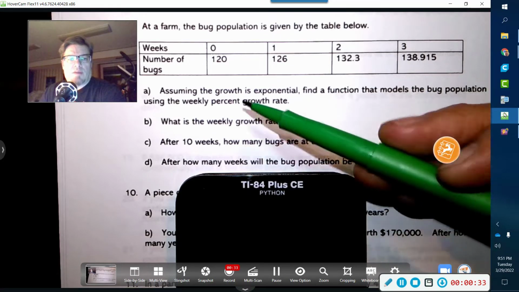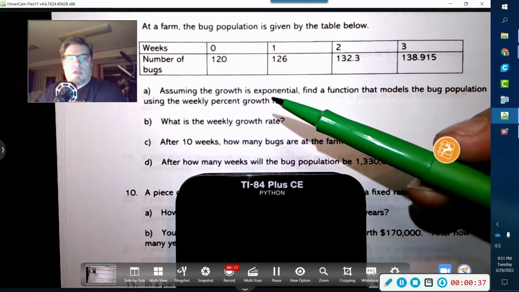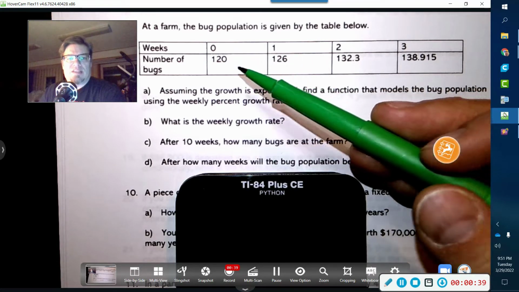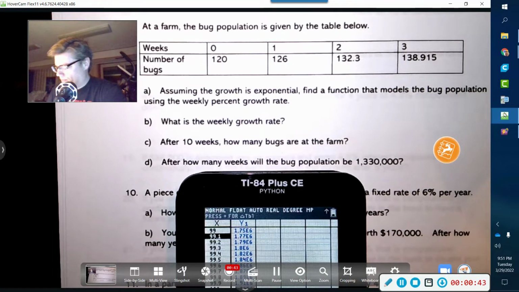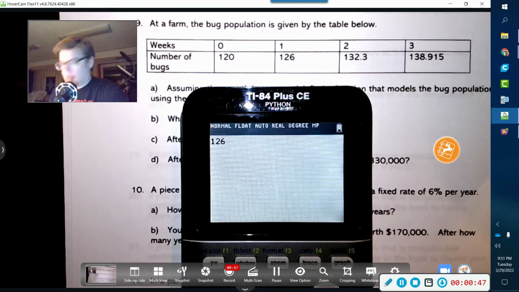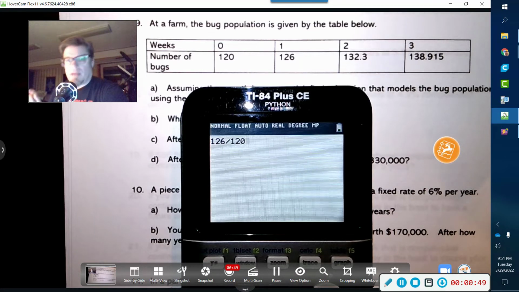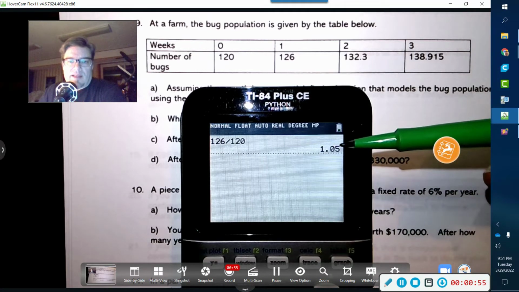Okay, well let's find the function. We know it's going to grow, so I've got to figure out how this changes from one to the other. So I'm going to grab 126 and divide it by 120, because this is a population model, which is mostly exponential. So I see here that's 5%.